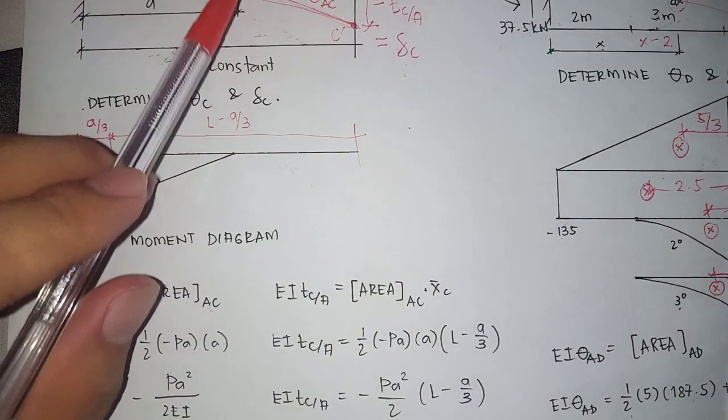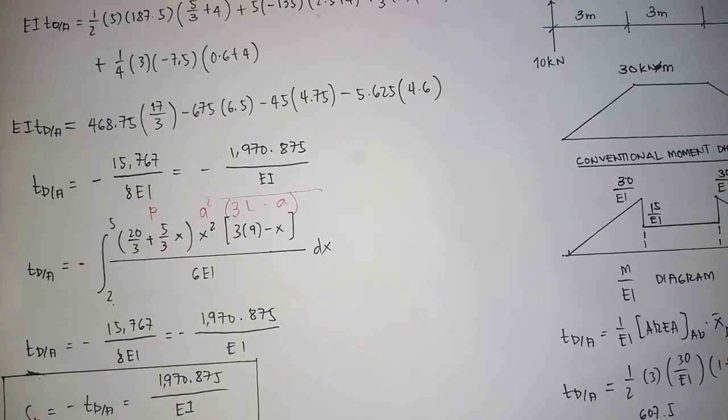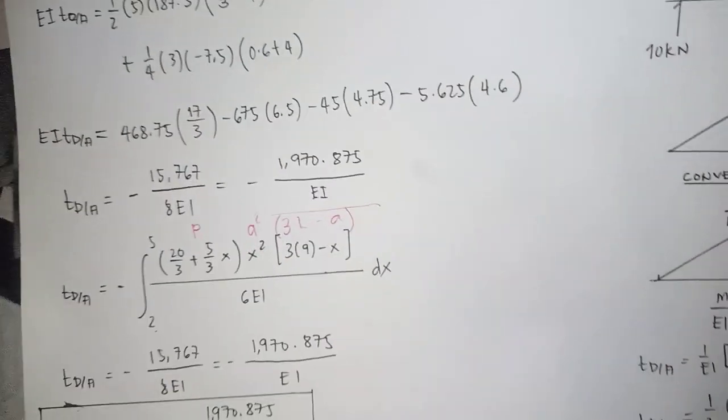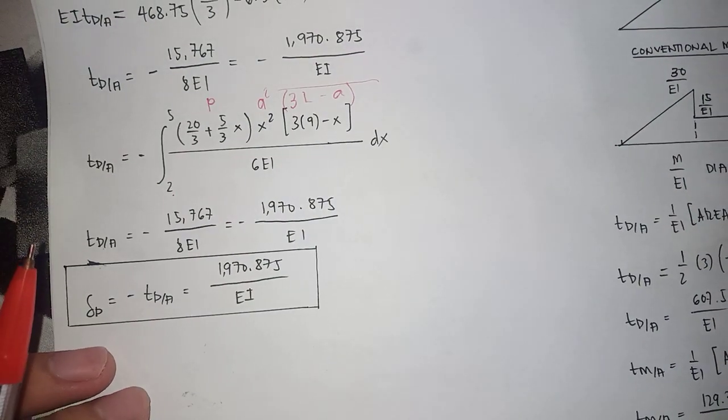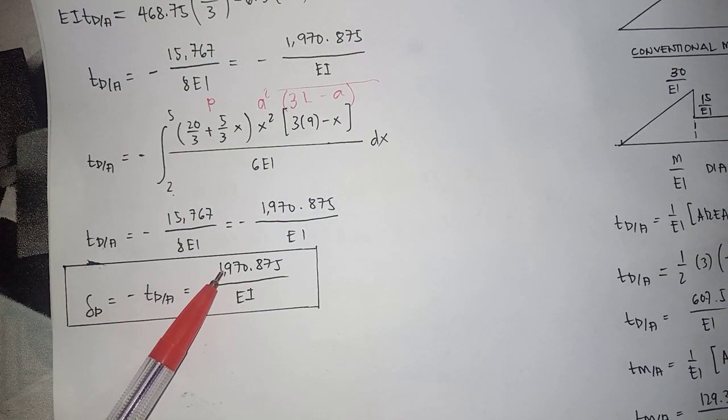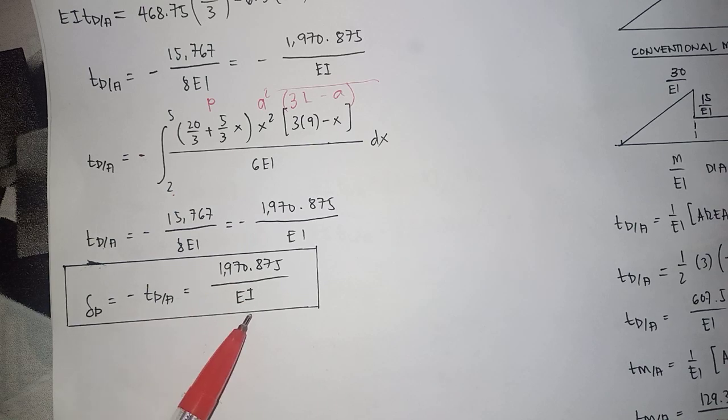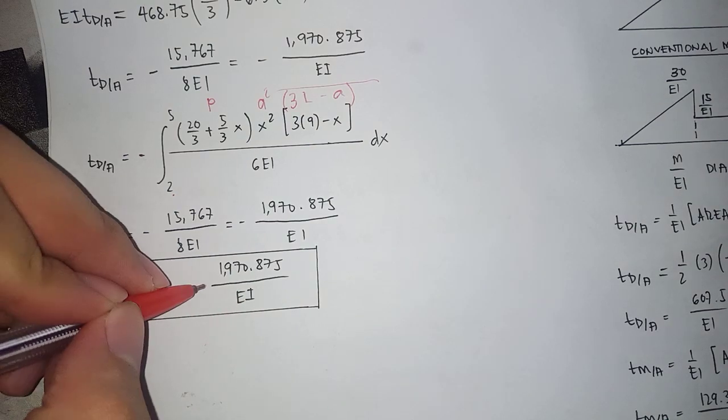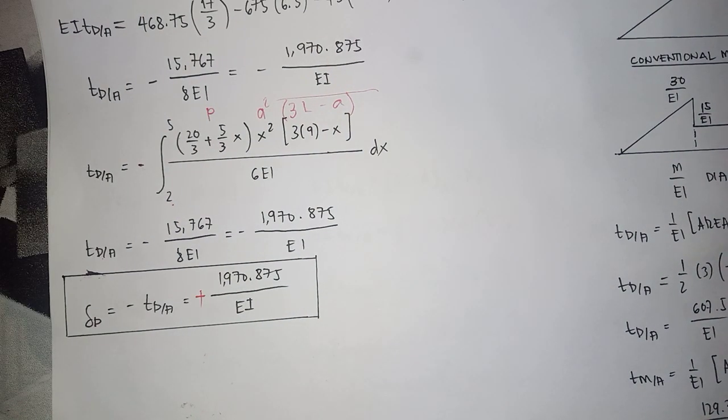So we conclude that the deflection at the free end is equal to negative TDA or 1,970.875 over EI. At positive yan. Bakit positive, sir? Kasi po tama yung assumption na nandun siya sa ilalim ng tangent line sa point A or dun sa original niya na position niya.